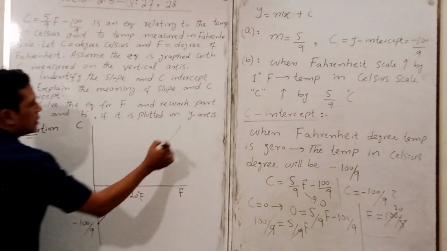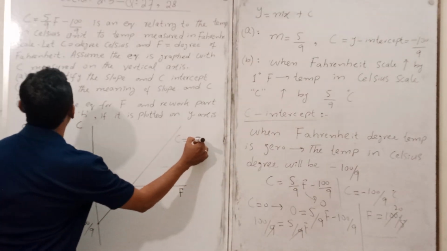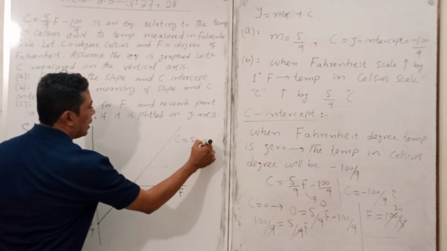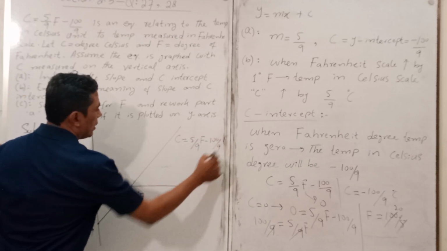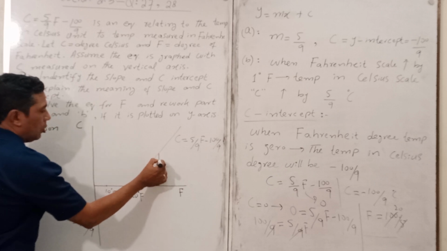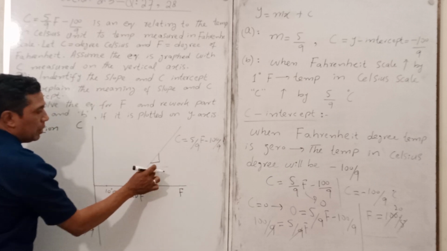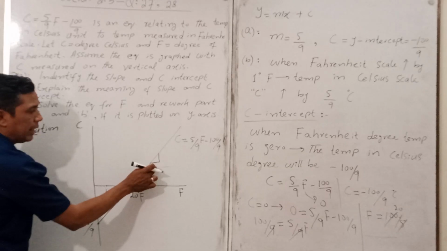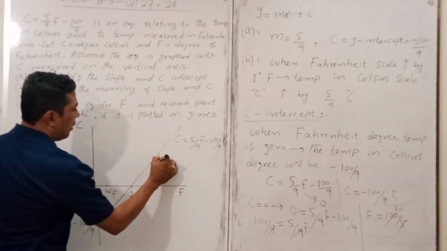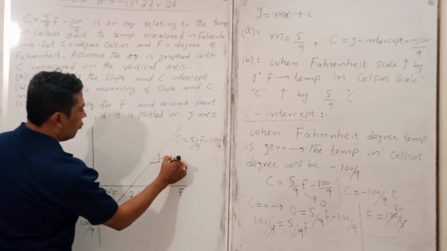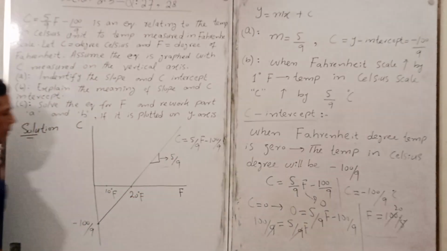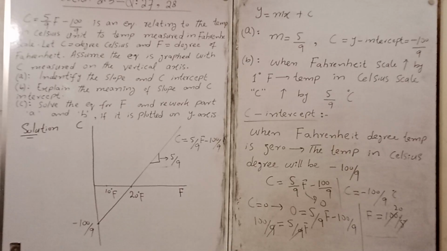This is your equation of C equal to 5 over 9 F minus 100 over 9. And what about your slope? Slope normally we represent by this kind of triangle here. So the slope value is what we have found, 5 over 9 here. So this is kind of the graph for this question.